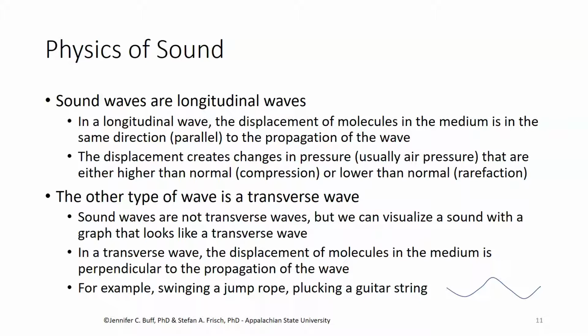Water waves are more like these transverse waves. If you see something floating in the water as waves go by, that thing floating will mostly bob up and down as the wave passes by it. It doesn't get completely carried along with the wave. To make that happen, you have to do extra stuff. Like that's how surfers surf. They do things with the surfboard to cause them to be carried along with that transverse wave.